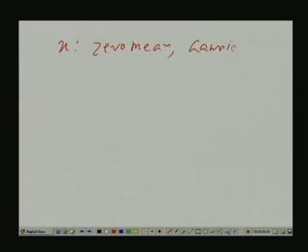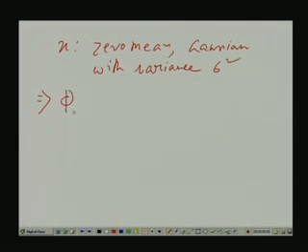As an example, see this. Suppose x is zero mean Gaussian with variance sigma square. In that case, what happens to phi_x, that is the expected value of e to the power j omega x?